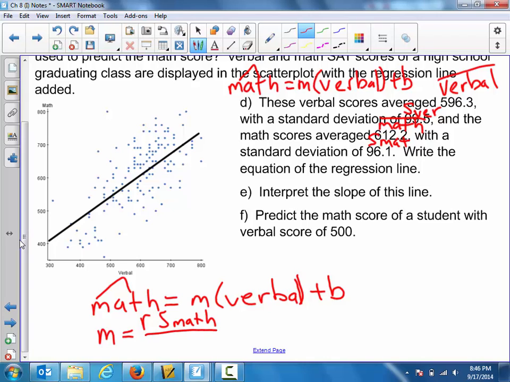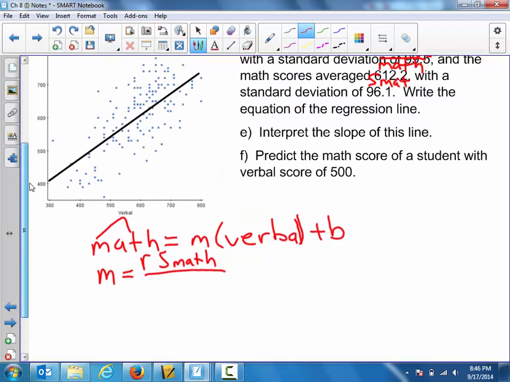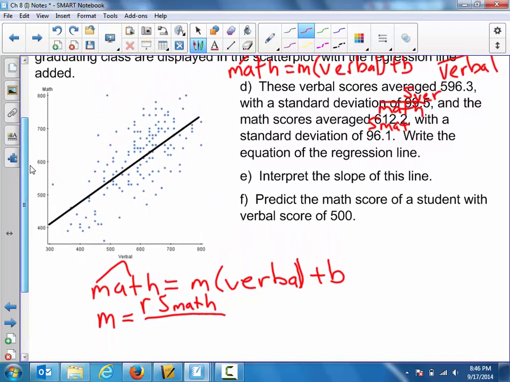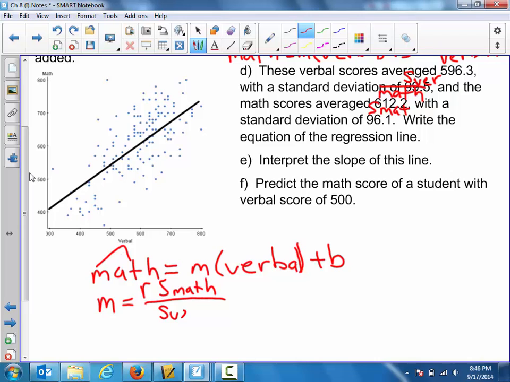So that's going to be 96.1, standard deviation in math, over the standard deviation in our x variable, which in this case is verbal, s sub verbal.